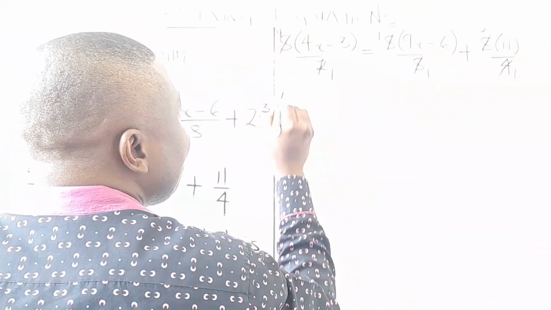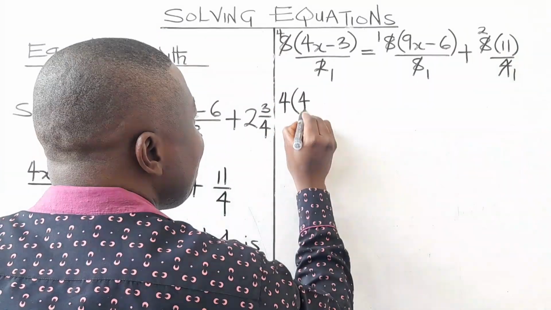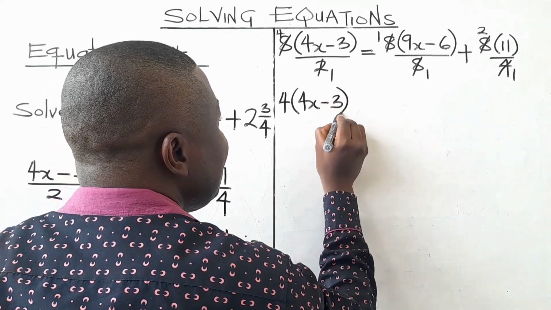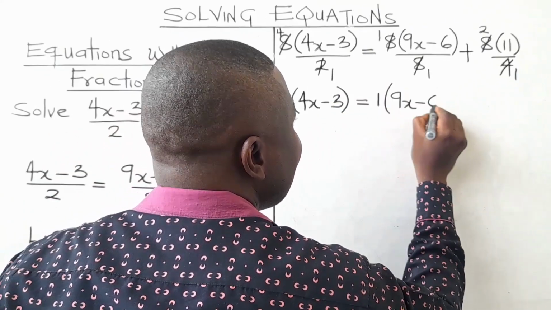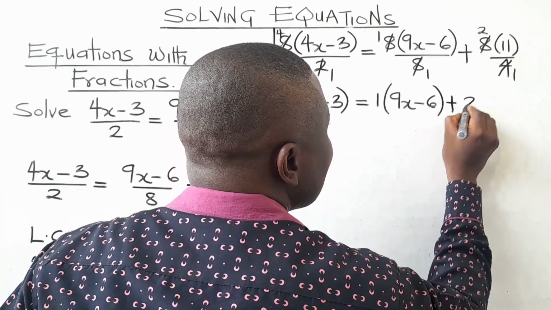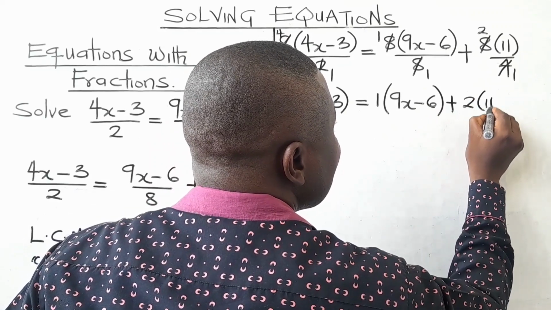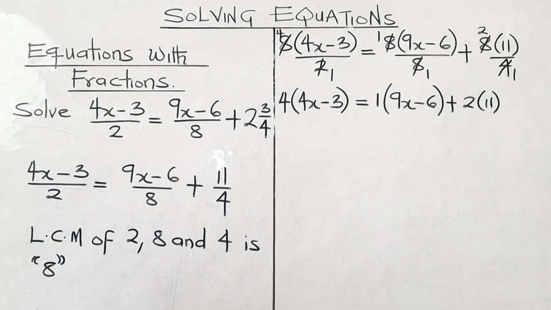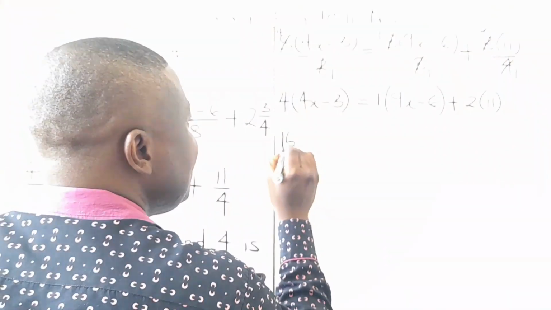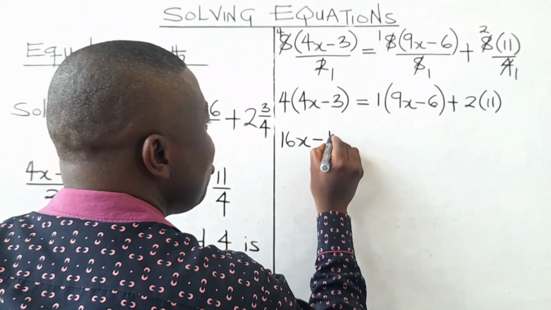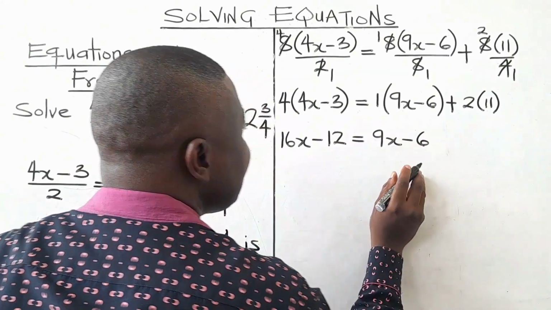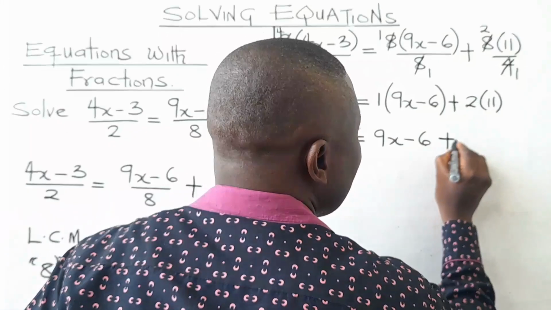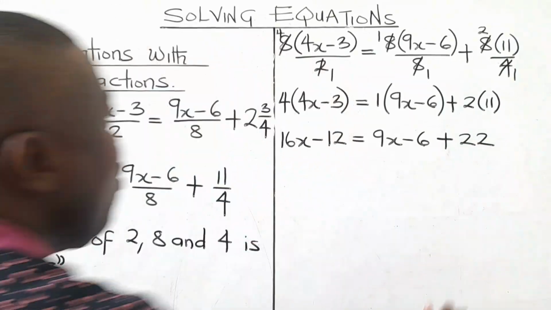So we have 4 into bracket 4x minus 3 equal to 1 into 9x minus 6 plus 2 times 11. Now we're going to open the brackets. This will give us 16x minus 12 equal to 9x minus 6 plus 22.